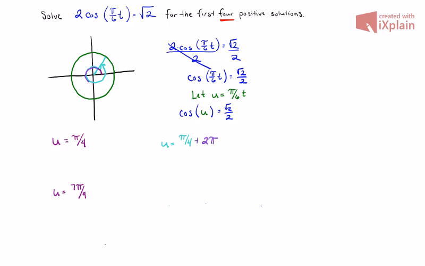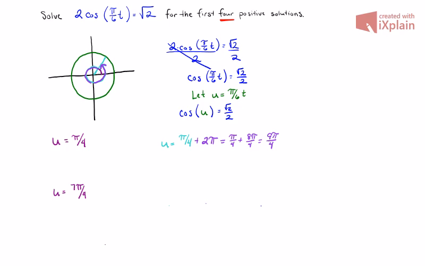That's my 2 pi that you're seeing there. So we can clean this up, and that's going to be pi over 4 plus 8 pi over 4, just getting that common denominator. So our other solution would be 9 pi over 4. And then we can continue again.